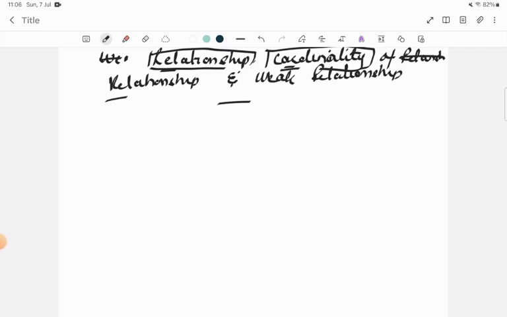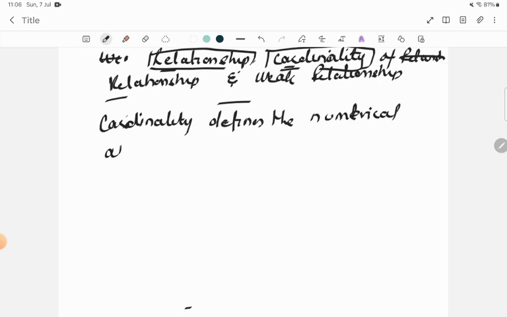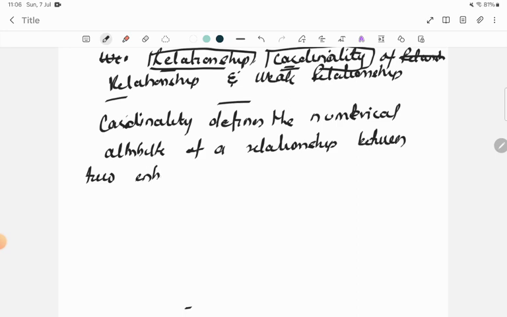So we can say cardinality defines the numerical attribute of a relationship between two entities.